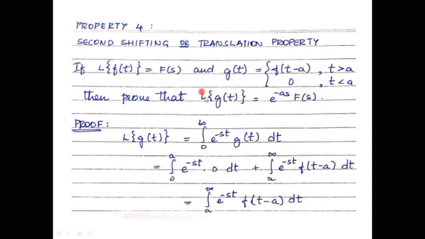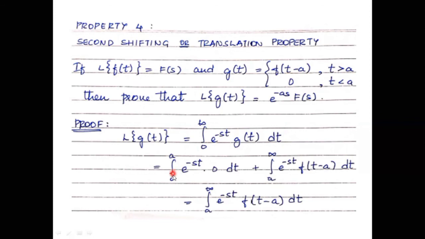According to the definition of the Laplace transform, L of g of t can be written like this. In place of f of t, I have written g of t in the definition. That is, integral 0 to infinity e power minus st g of t dt. And for g of t, it's actually a split function. For t greater than a you have one function, and for t less than a you have another function.